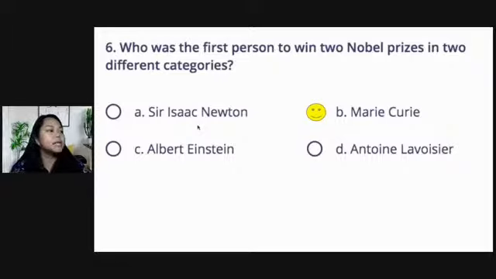So Albert Einstein, of course, one of the geniuses. And of course, we know that he gave us a lot of theories, so including your theory of relativity, no? And he also said E equals mc squared. Antoine Lavoisier, isa din siya sa mga very famous chemists that we have. Okay, so here, letter B, Marie Curie is the correct choice.